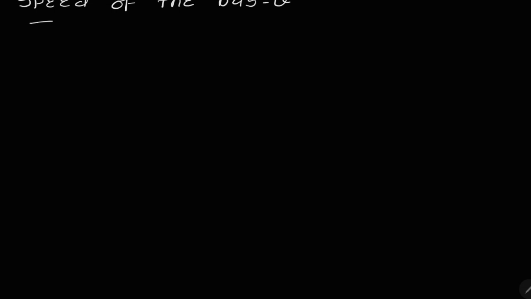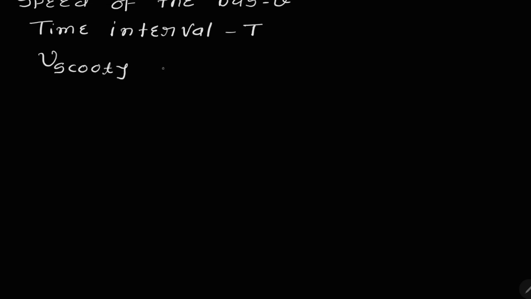One more point, time interval in which buses are leaving from initial and end points is t. और बच्चों, जो गर्ल की स्पीड है, velocity of the scooty, that is already given. It is given as 60 kilometer per hour.